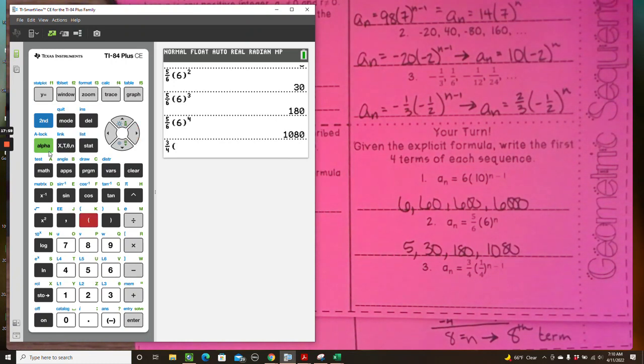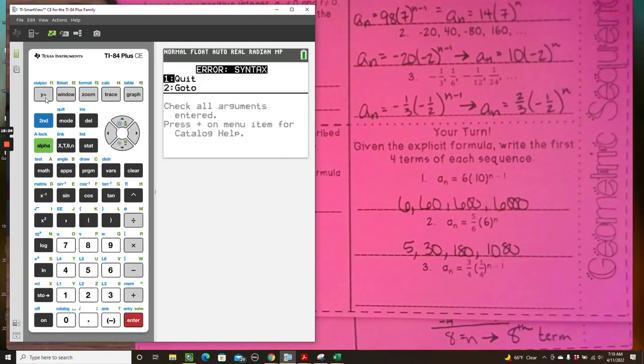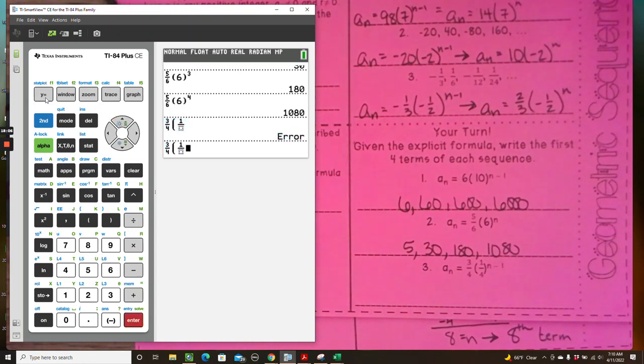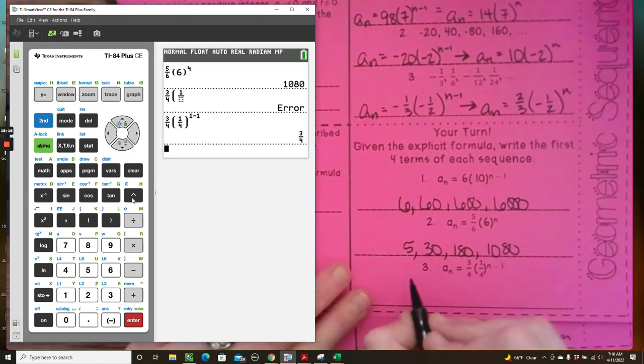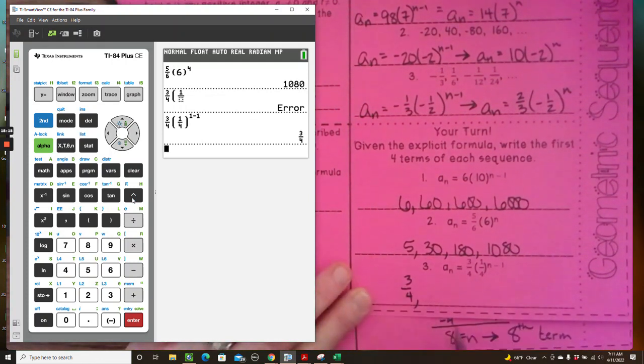And then finally, here's our last one. 3/4 times 1/4 to the n minus 1 again, so we would do 1 minus 1. So our first term is 3/4.